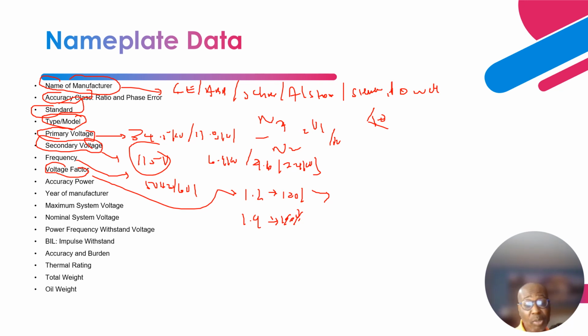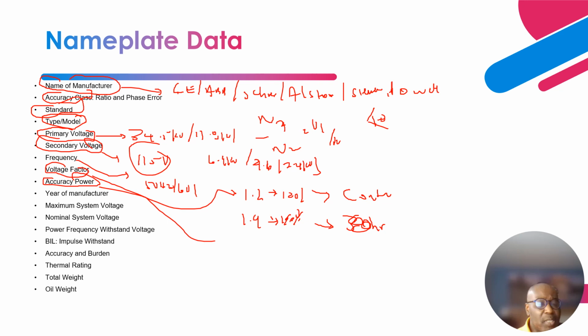So as you can see, sometimes 1.2 continuously can be done, and for 1.9 they will say maybe for an 8-hour period.